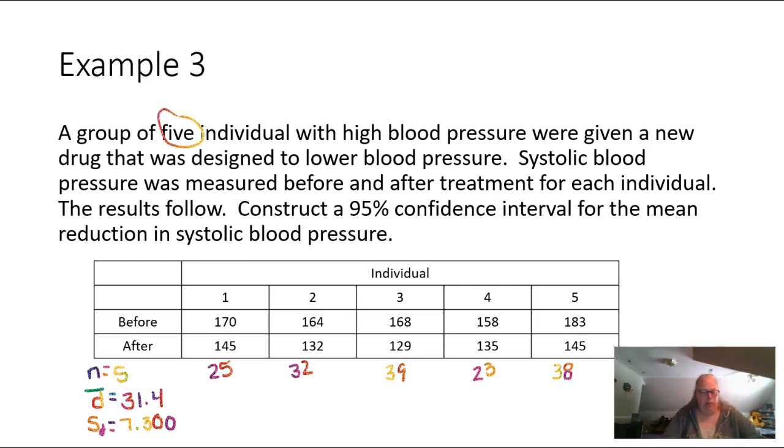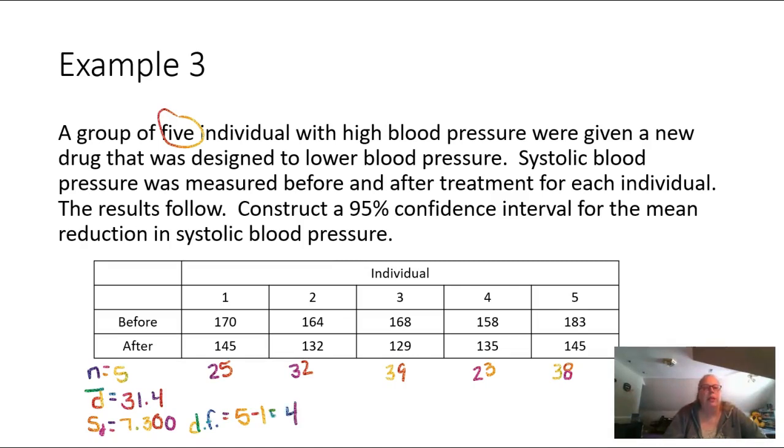Okay, now we need to do a few calculations because we're going to try and find a confidence interval. Since we're using the standard deviation for the sample, we do in fact need some degrees of freedom here, and so that's going to be 5 minus 1, or 4.